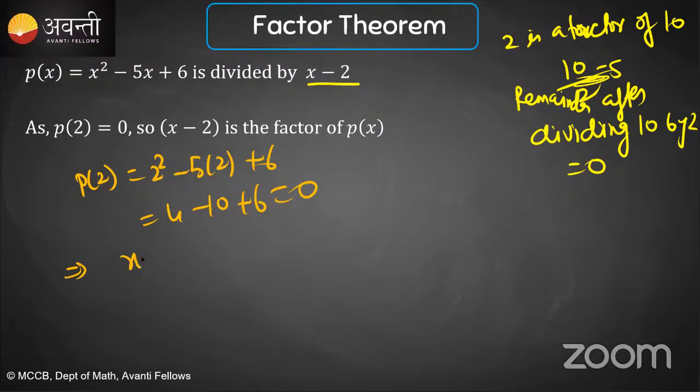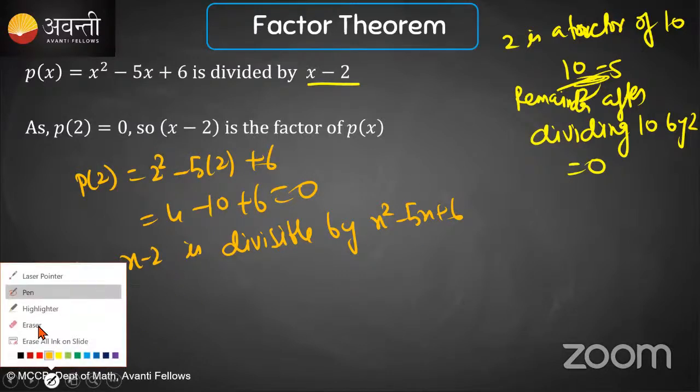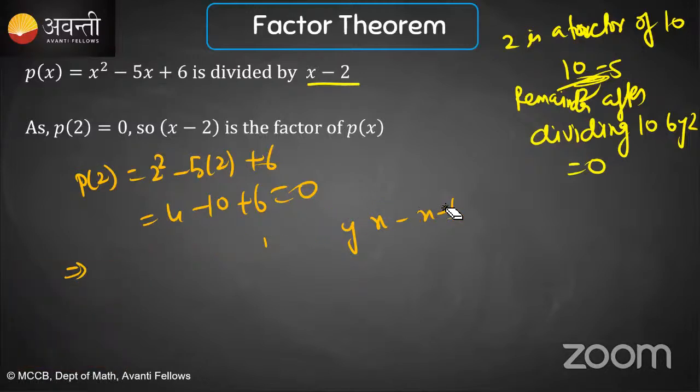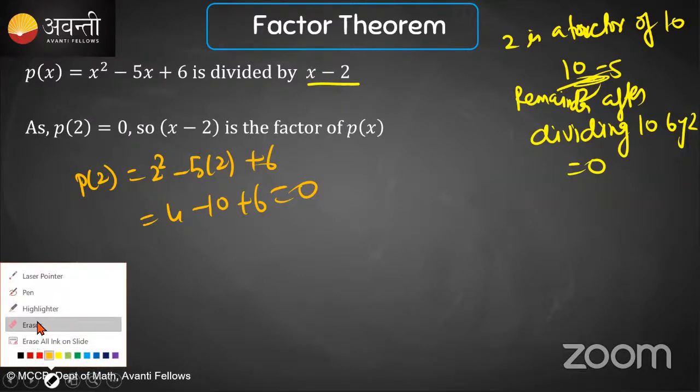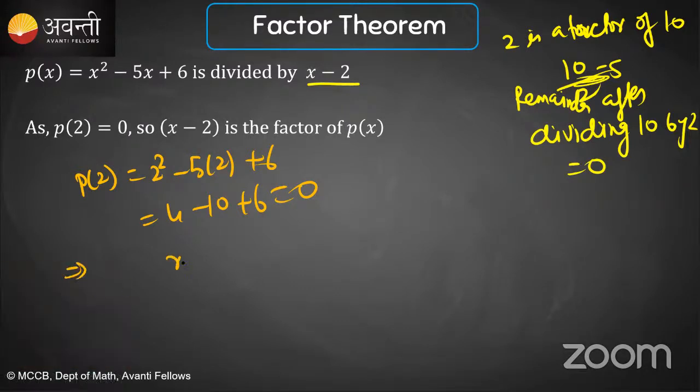It means x minus 2 is a factor of x square minus 5x plus 6. Sorry, I wrote it the wrong way around.